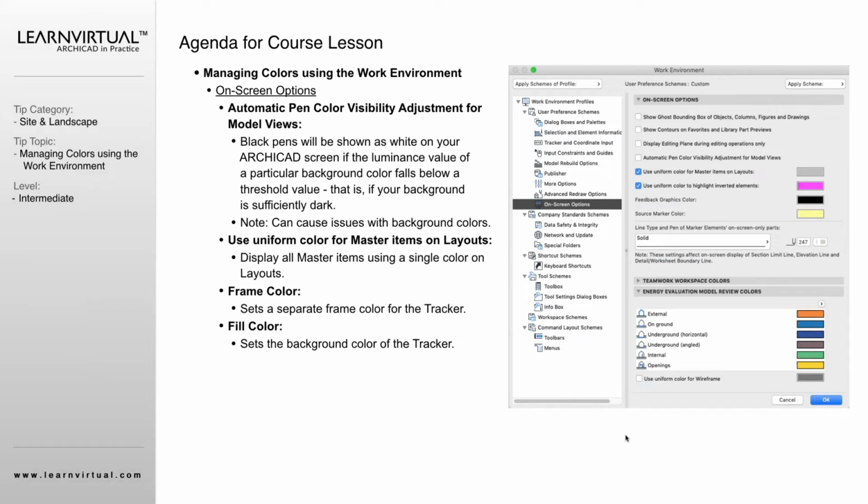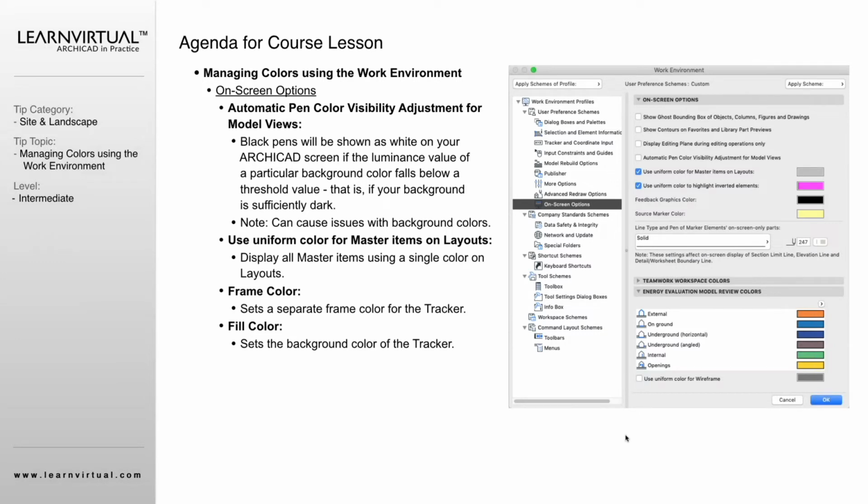You can also change how your pen sets look in your model views automatically. That means every time you start up ArchiCAD with your work environment saved, these are the presets that it's going to start with.